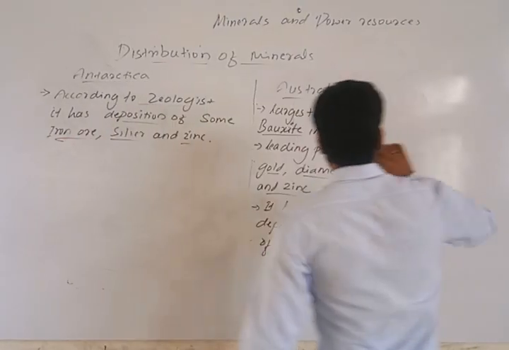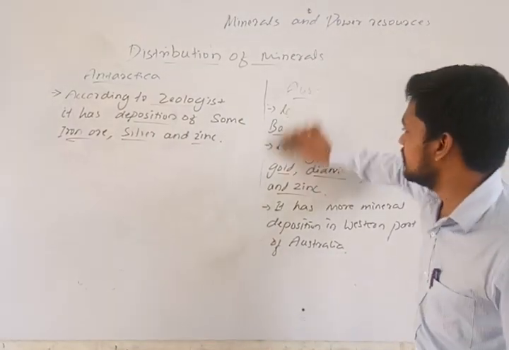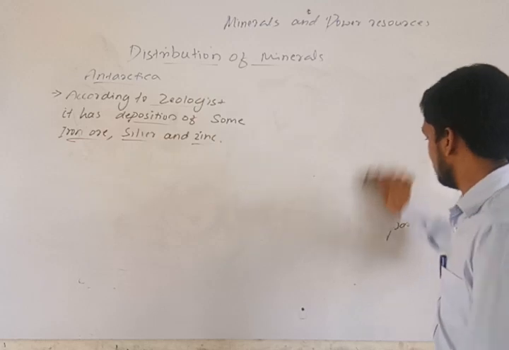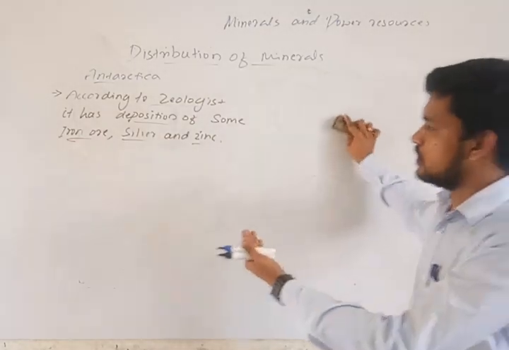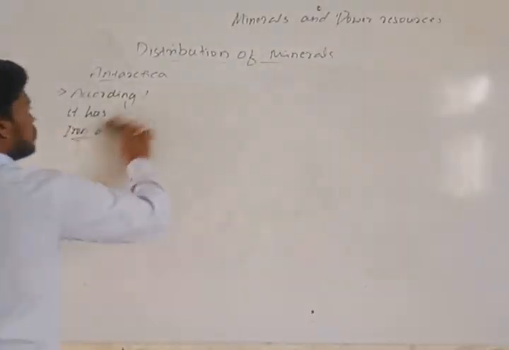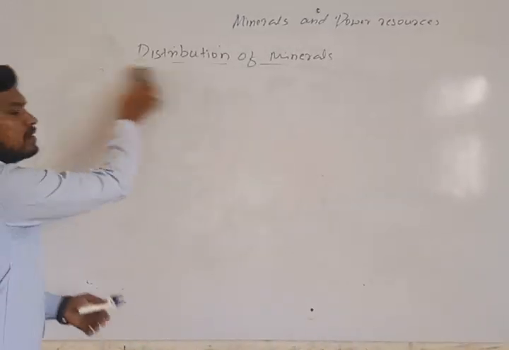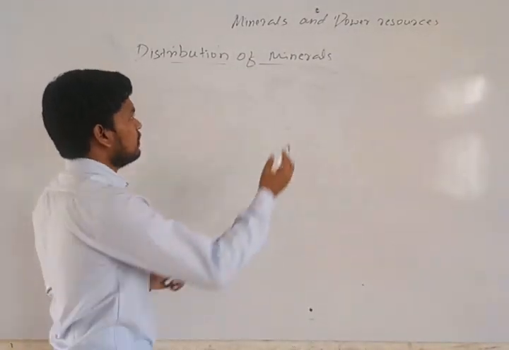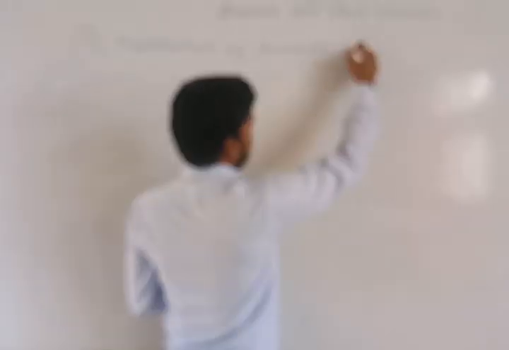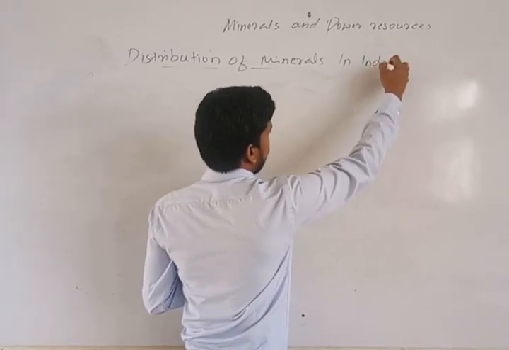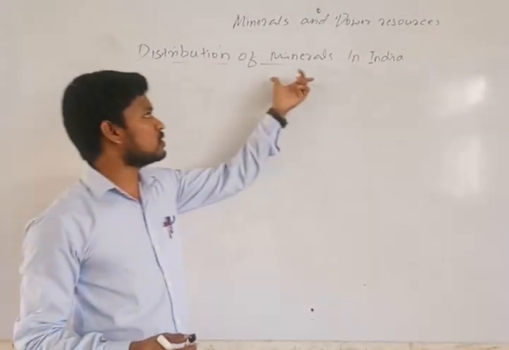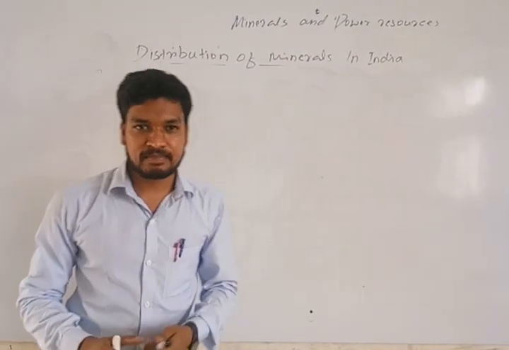Okay. So now we'll go for the next concept. It's related to India. Now, what we discussed was the deposition of minerals relating to the whole world, continent wise. Now we'll discuss the deposition or distribution of minerals in India.